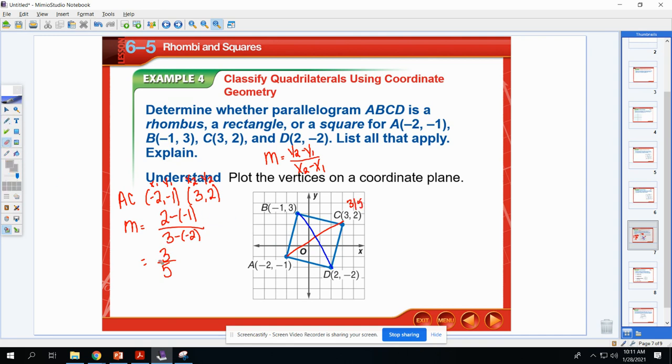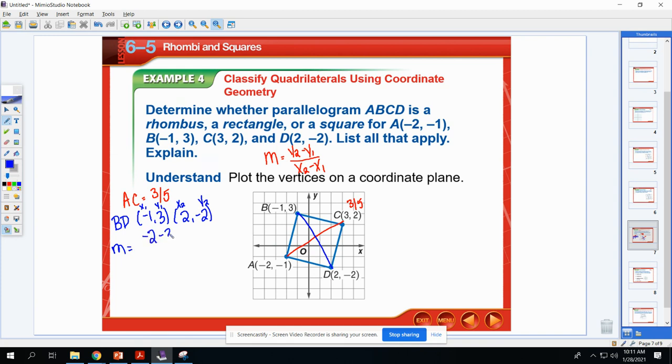I'm going to go ahead and erase this to give us some room here. So AC with a slope of 3/5. Now let's go ahead and check out BD. BD, so that would be (-1, 3) and (2, -2). So again, label x1, y1, x2, y2, and go ahead and plug those in.